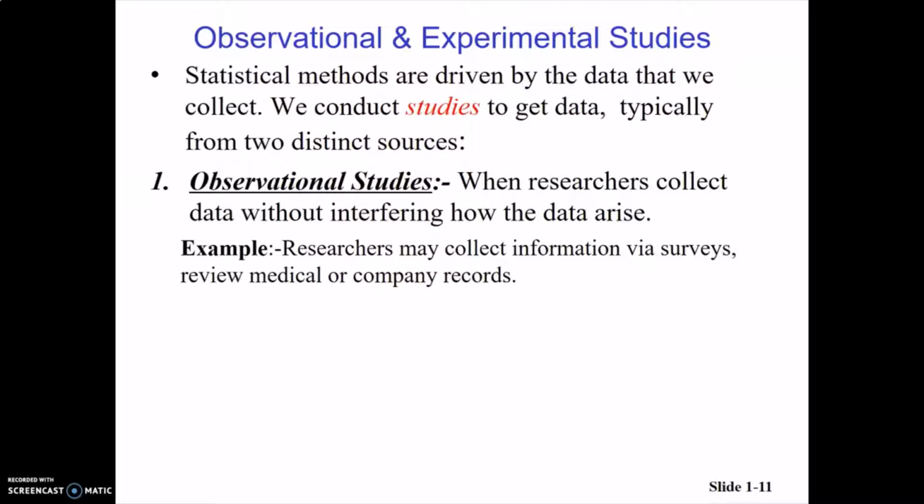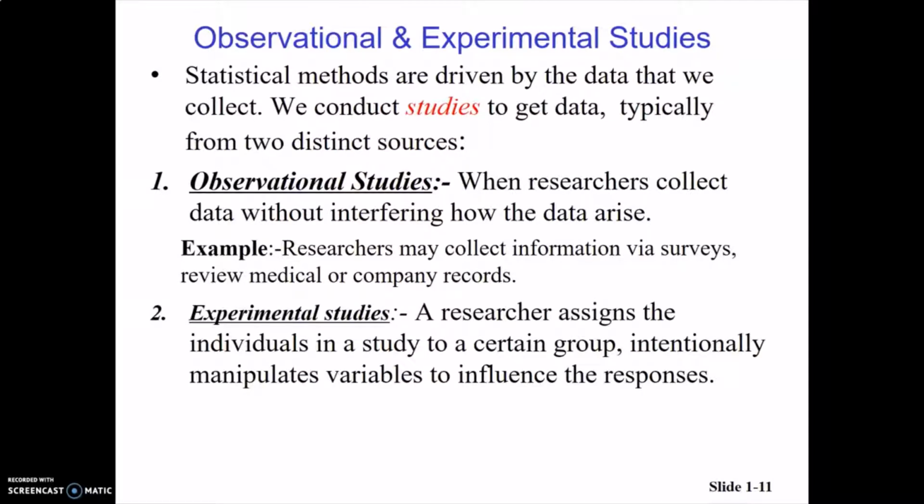When I'm getting this information, I'm not interfering with how the data arise. I'm just observing. Such a study, in which you get the data without interfering, is called an observational study.